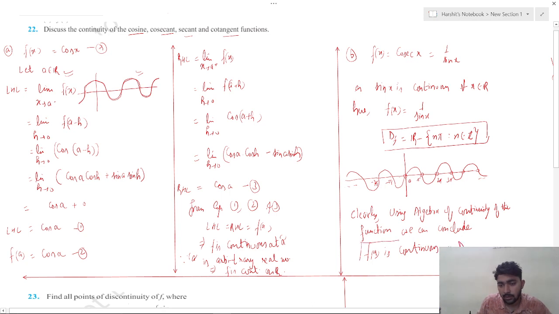Okay, f is continuous on Df. It means that where it is discontinuous, it is discontinuous at n pi. At n pi it is discontinuous.